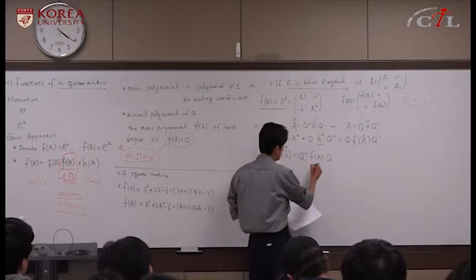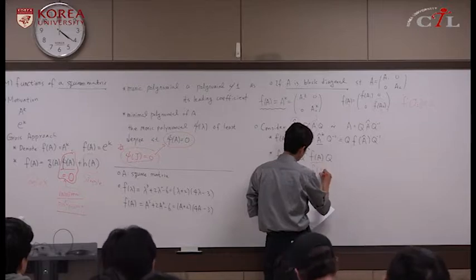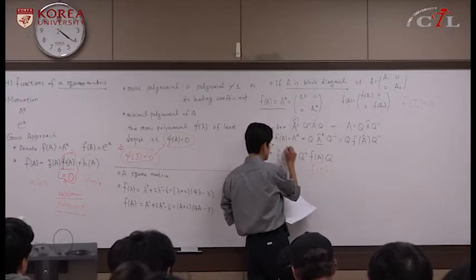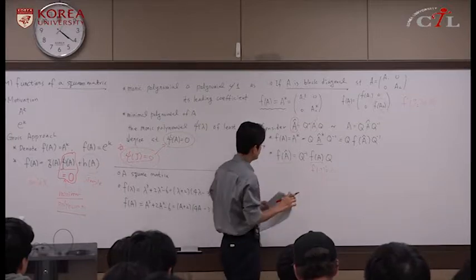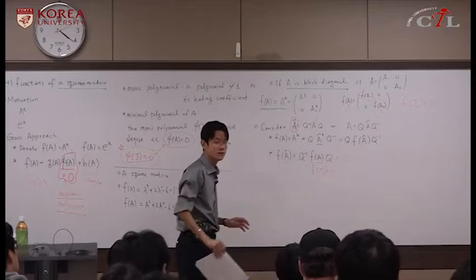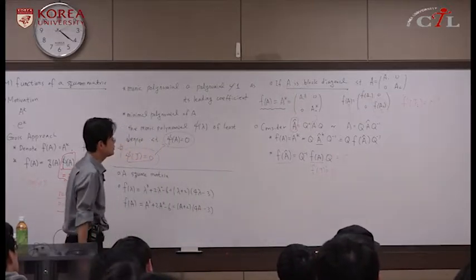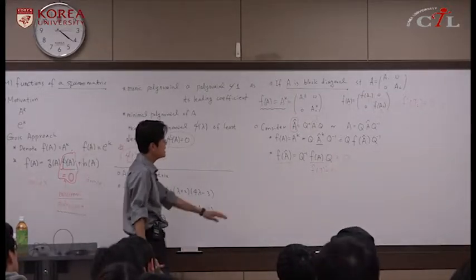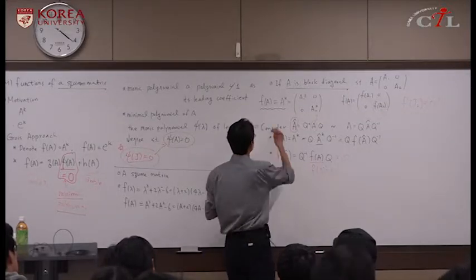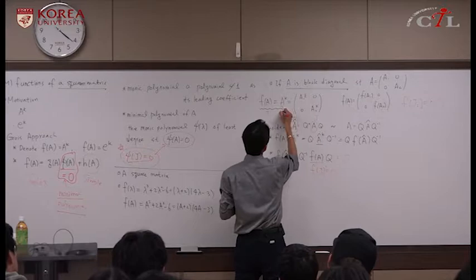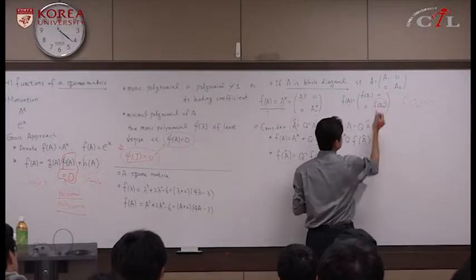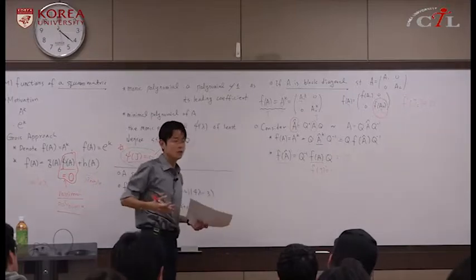Then, if f(Jordan form) is zero, then the original matrix's function also goes to zero. So what we need to prove is not for the whole Jordan form, but for one Jordan block.